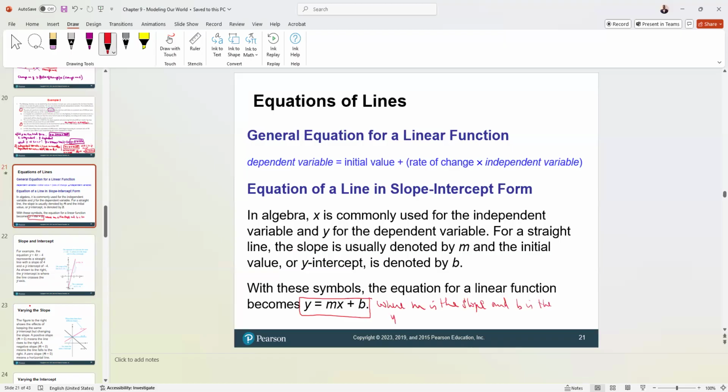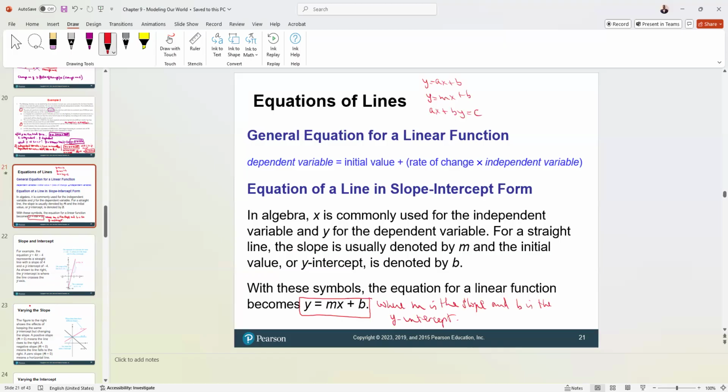So y-intercept means the coordinate at which the graph intersects the y-axis, right? Remember I gave you different formats you can rewrite a function. You can rewrite it as ax plus b. You can rewrite it as y equals mx plus b, where m is the slope and b is the y-intercept. Or we can write it as ax plus by equals c.